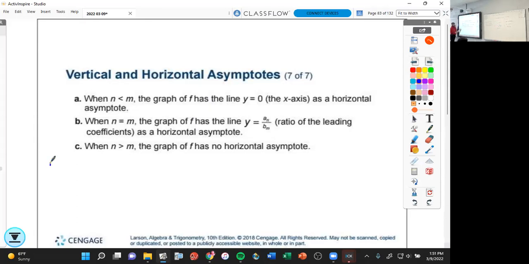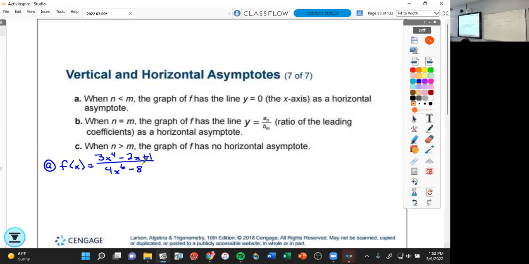Let me give you an example of part A. Part A says that n is less than m. So f of x equals 3x to the 4th minus 2x plus 1 divided by, I'm just making something up, 4x to the 6th minus 8.